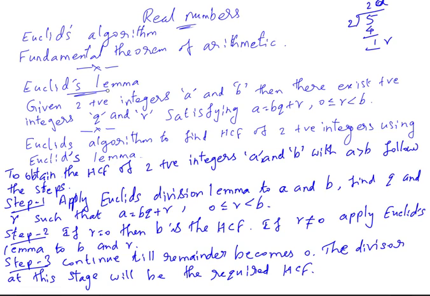What is Euclid's lemma? Given two positive integers a and b, there exist positive integers q and r satisfying a equals bq plus r, where 0 is less than or equal to r, which is less than b. This is Euclid's division lemma.